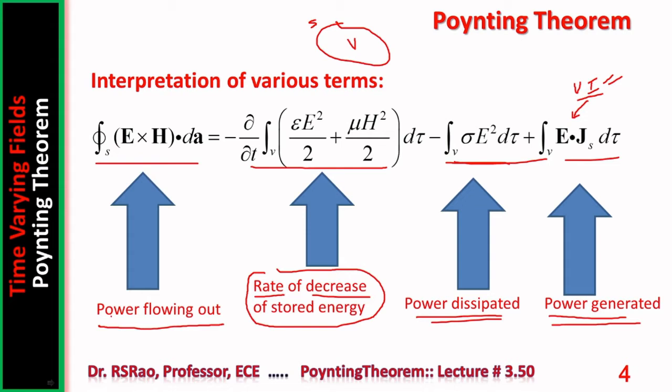So the only term on the left hand side says that this is power flowing out of the surface, from inside to outside. How much power is flowing out? E × H is the power flowing out per unit area. After integration over the entire surface, it becomes the total power flowing out.